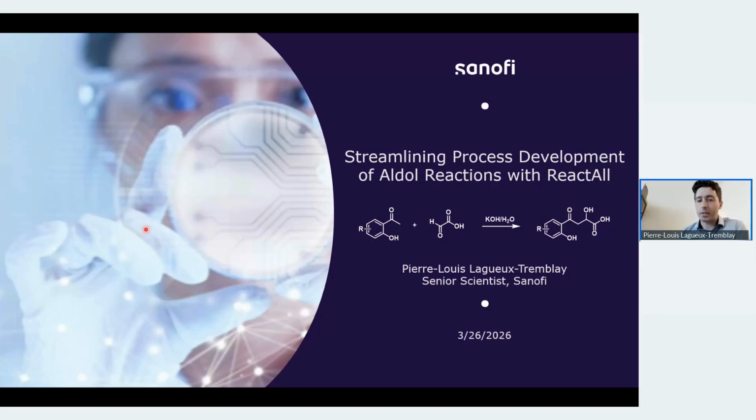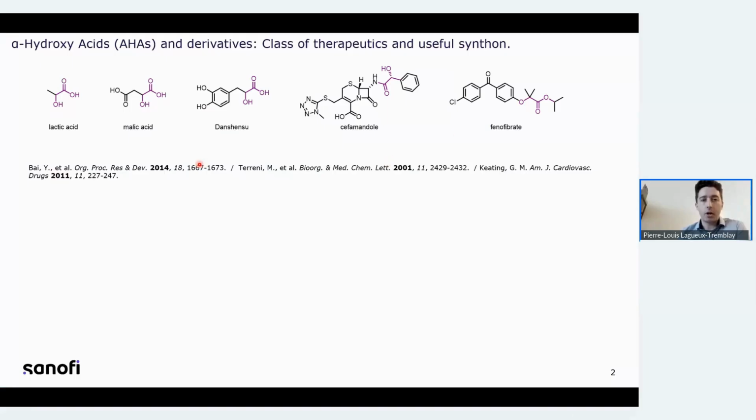developed by Technobis. For this presentation today, we were interested to reach those type of moieties, so alpha-hydroxy acids, using simple reagents and transformation and methodology. Essentially, alpha-hydroxy acids are quite an interesting class of therapeutics, and they're pretty useful as synthons.